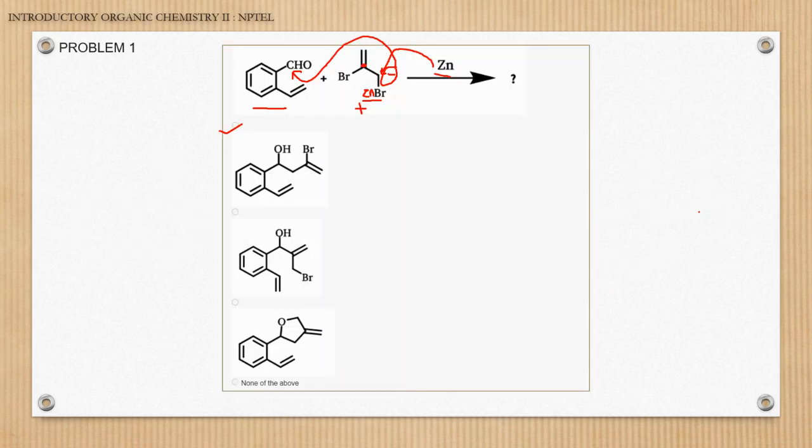So is this clear to all of you? Why the first option is correct? If it is clear, then just tell me the name of this reaction. It is a name reaction, right?